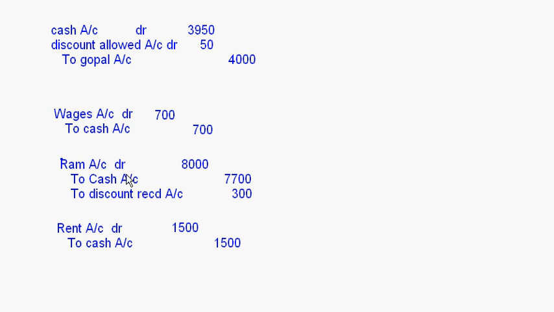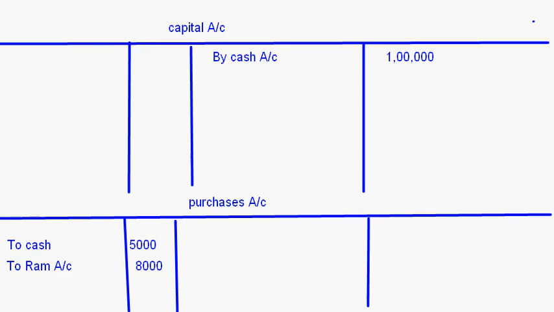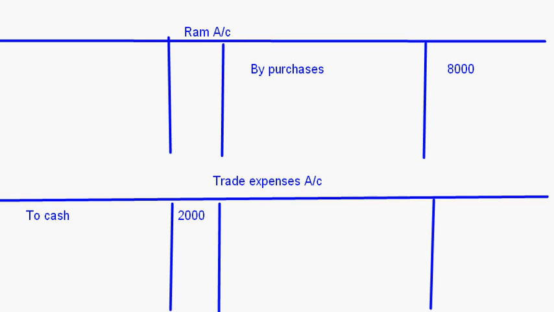So let's do this. In Ram it will be to cash to discount received, right? So Ram account I have here. So in Ram account it will be to cash account to discount received account. To cash account will be 7,700, and to discount received will be 300, right?